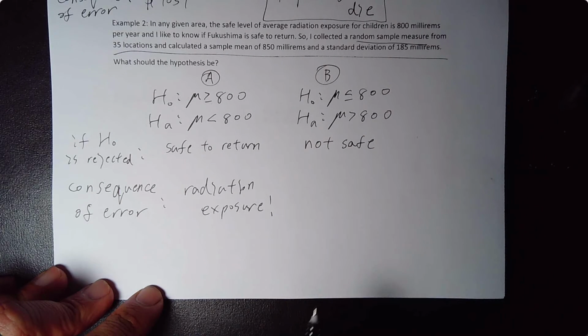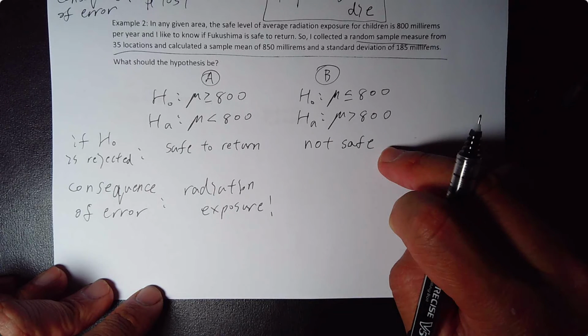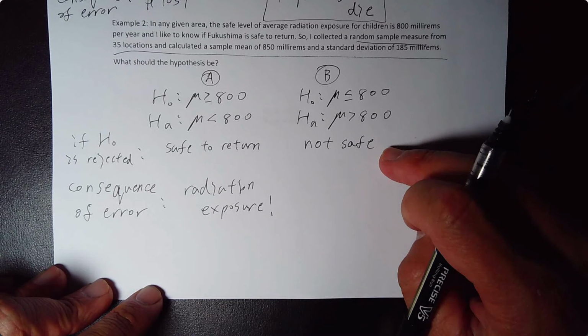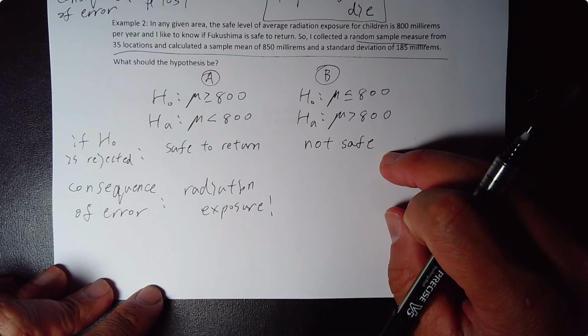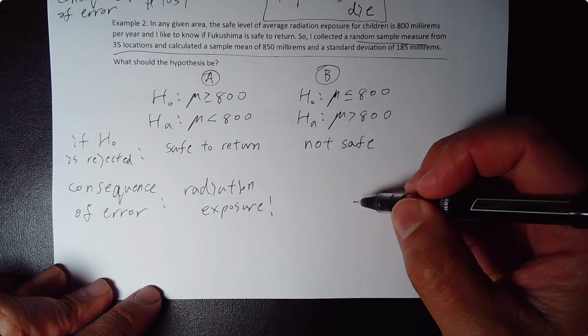Now, in this case, what does a mistake mean? A mistake would mean that it is actually safe, but because of the evidence we say that it is not safe. So what is the consequence?